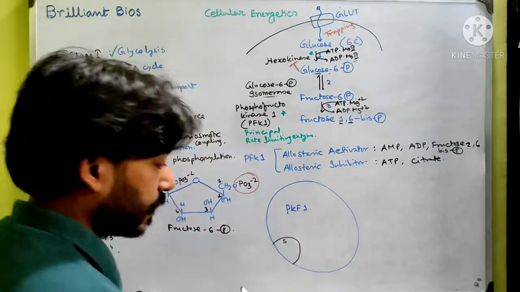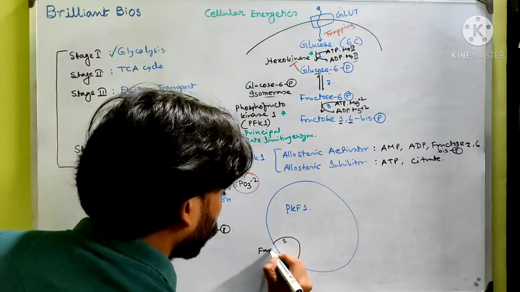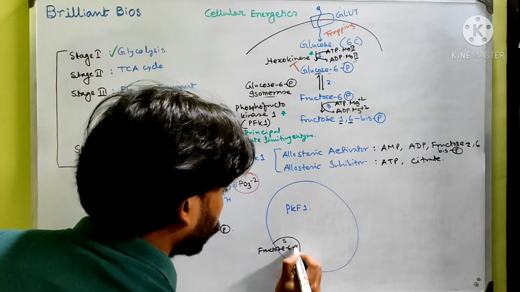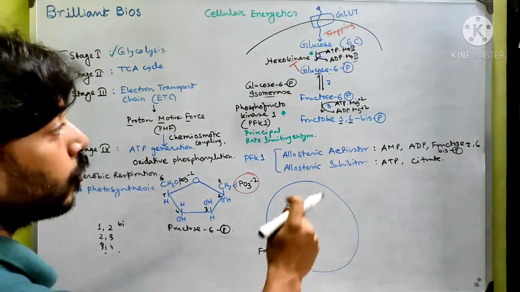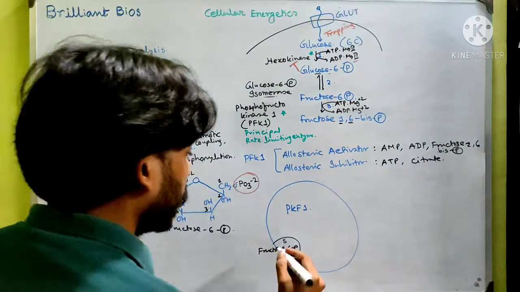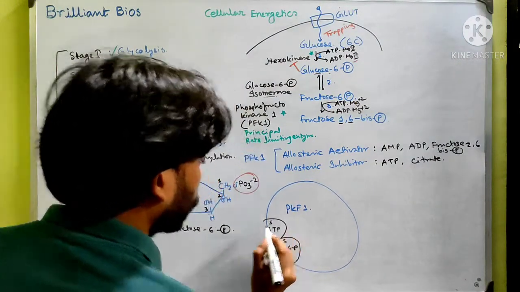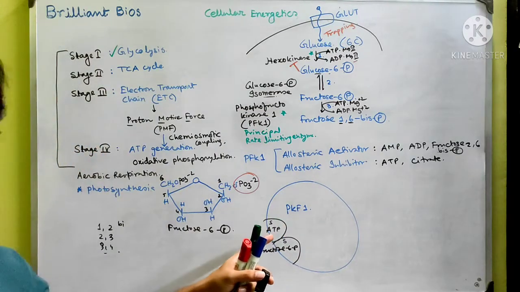Let me draw S for the substrate binding site. The substrate is fructose 6-phosphate. There is also another substrate. It is called ATP. So let me draw. ATP also has a pocket to bind with this PFK1.